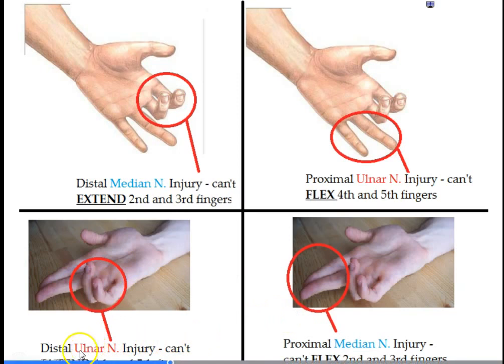I know this seems wrong, but it's so true. If it's the distal ulnar nerve, then you can't open up the last, fourth and fifth fingers. By contrast, if it's the median nerve, and I showed you briefly what the median nerve is, it's just the other two fingers. The first and second fingers you either cannot extend or you cannot flex.